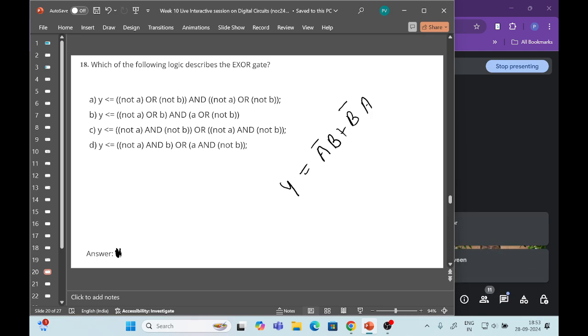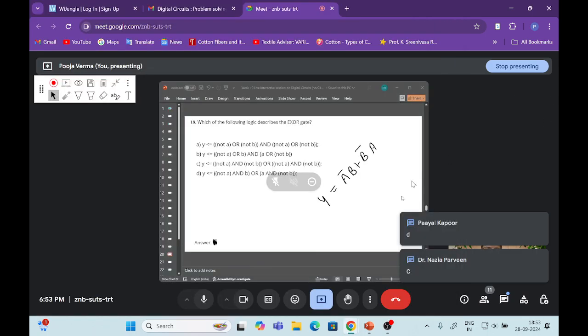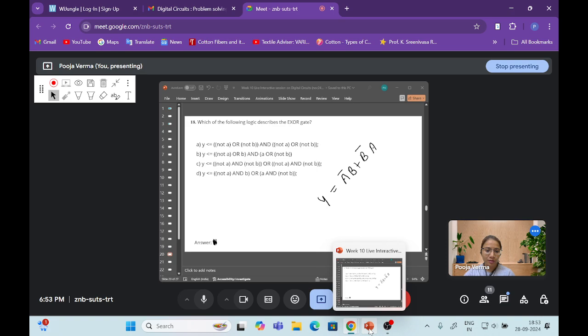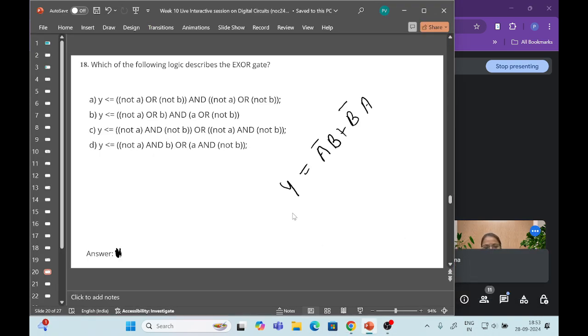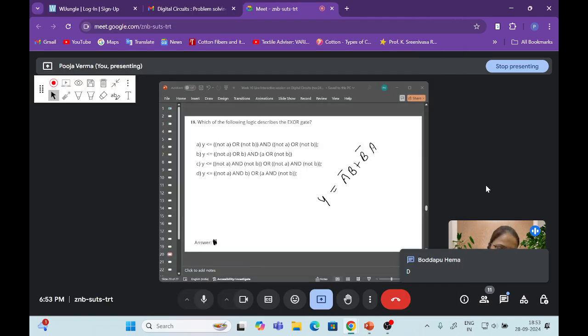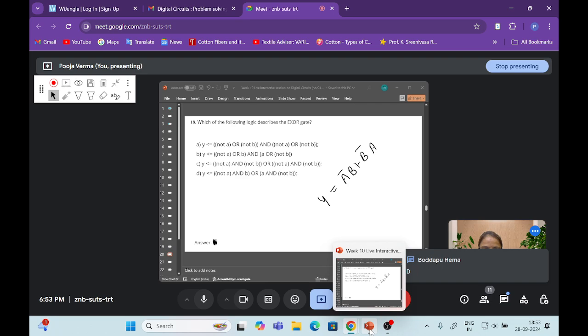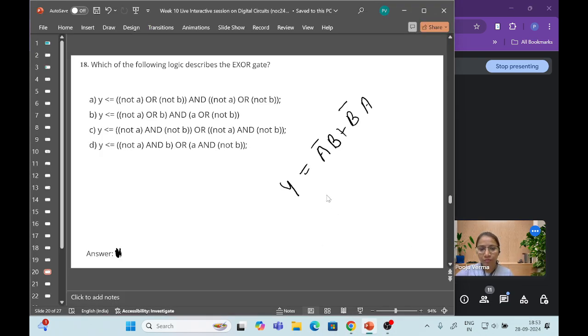Right. So let's see option by option, looking at the options clearly so that you can answer. What does this represent? Y is equal to not A, that means A dash, or, and here or means plus, right? Not B, that means B dash, then they have written and.